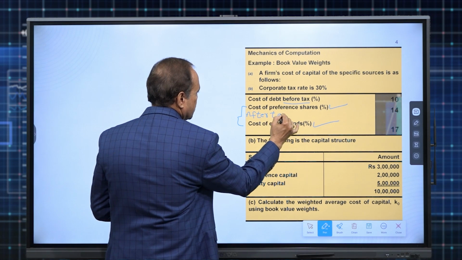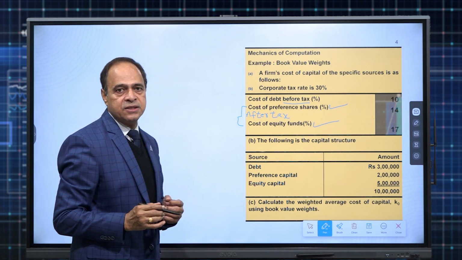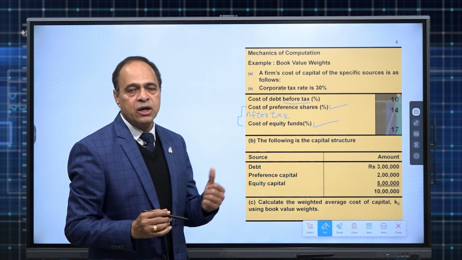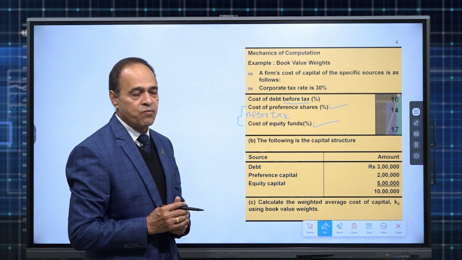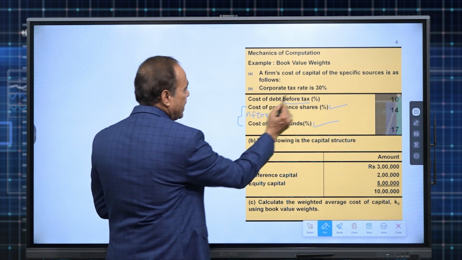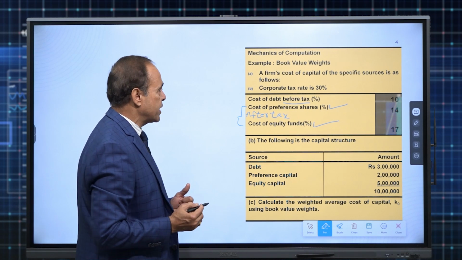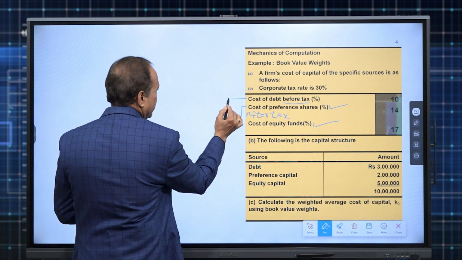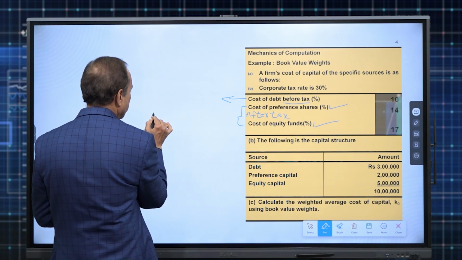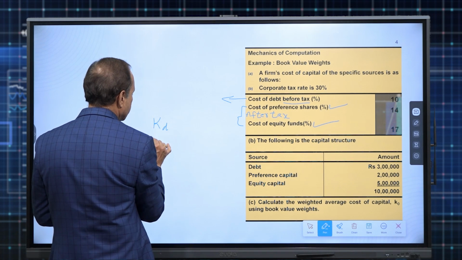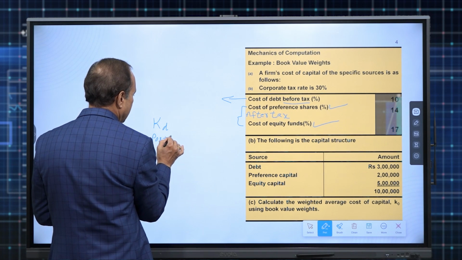Whether it is given in the question or not, the default consideration for cost of preference and cost of equity is after tax. Whereas for cost of debt, we have been provided that it is before tax. So first of all, convert this before tax cost into KD post tax, that is after tax.